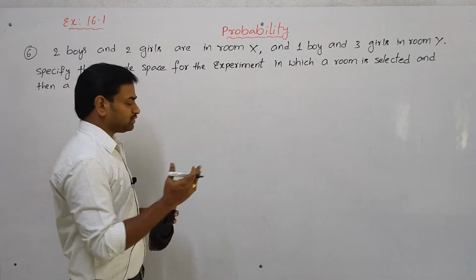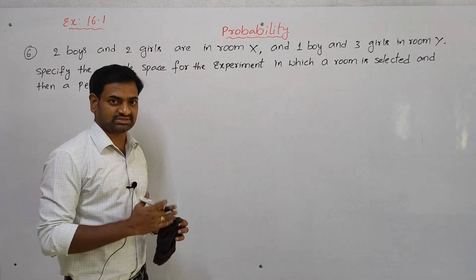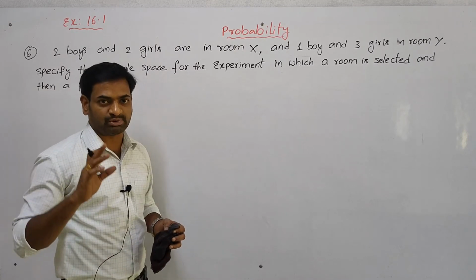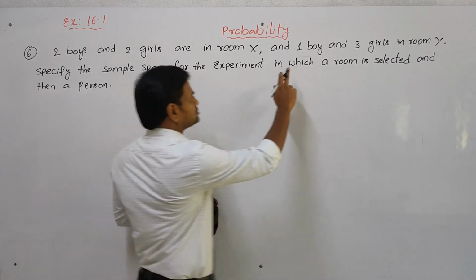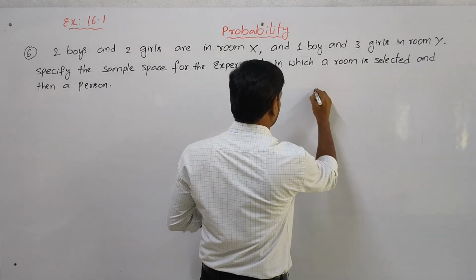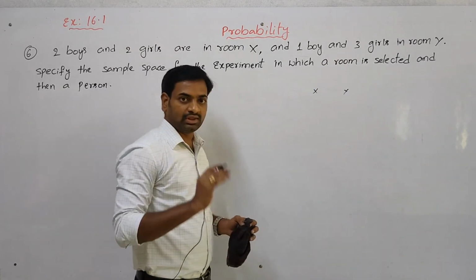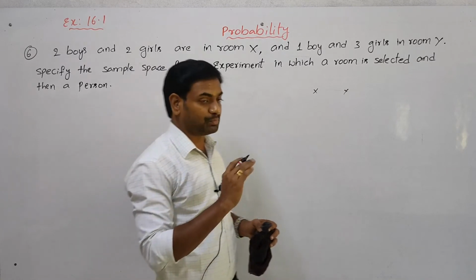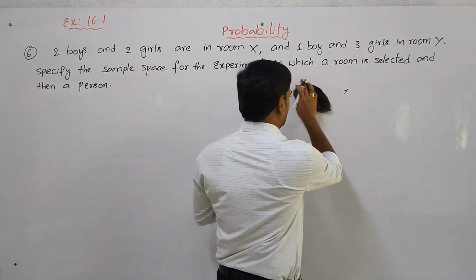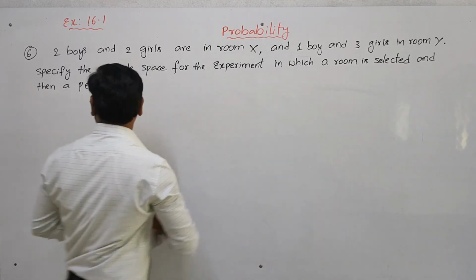So for that one, we have to write the sample space. When you are writing the sample space, remember, first we have to select the room, either X or Y. Later, we have to write the person. So remember that one. Here, see the solution.